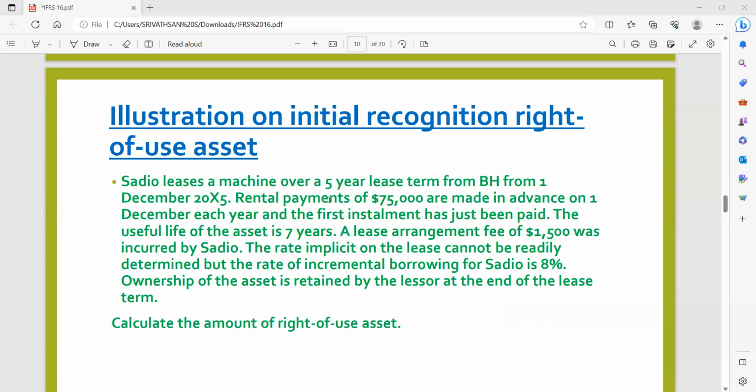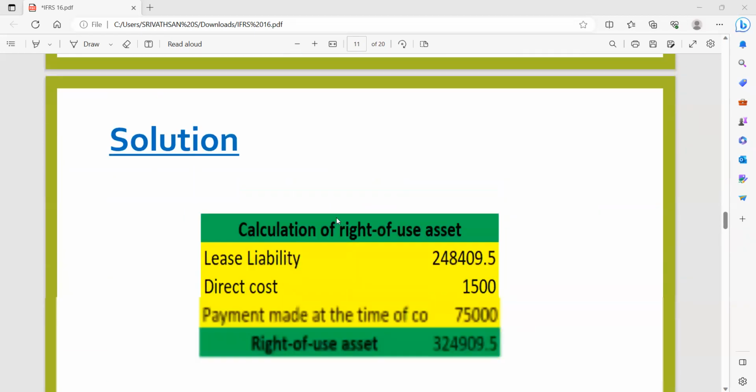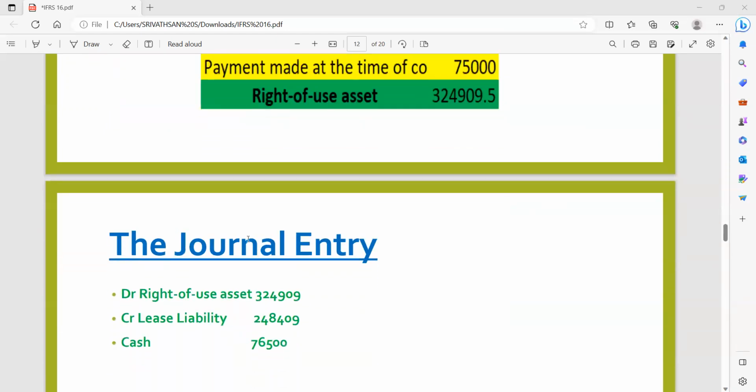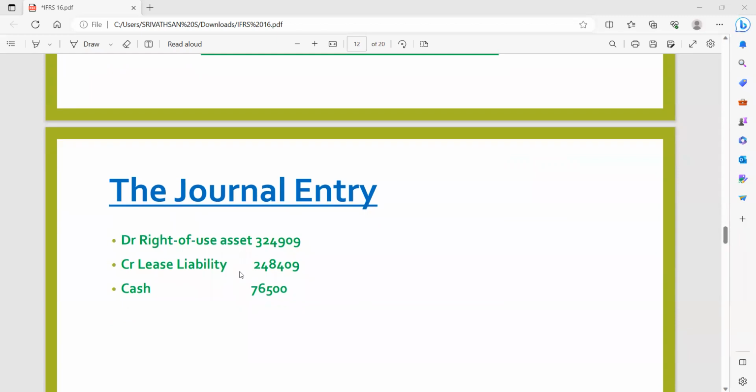The rental payment of 75,000 is made in advance on 1st December, and the first payment has just been paid. So you have paid 75,000 as a down payment. The advance amount should also be added to the lease liability. So the total right of use asset will be 324,909.5.